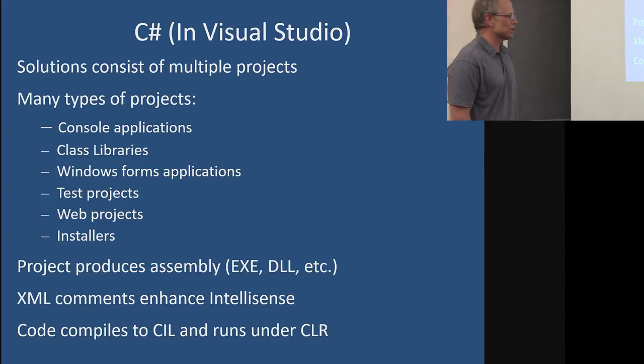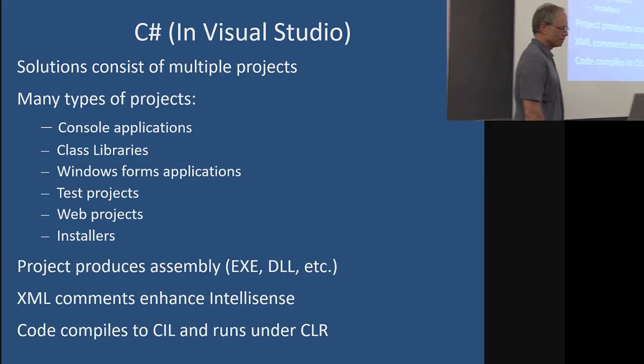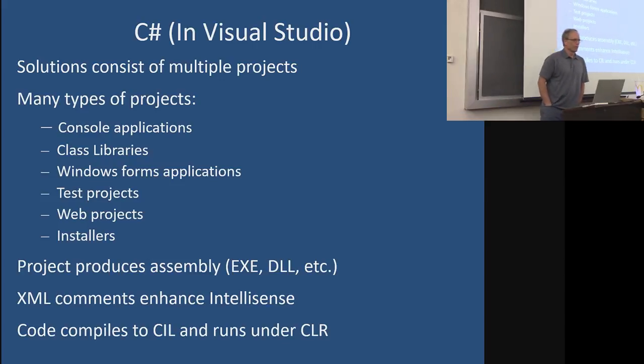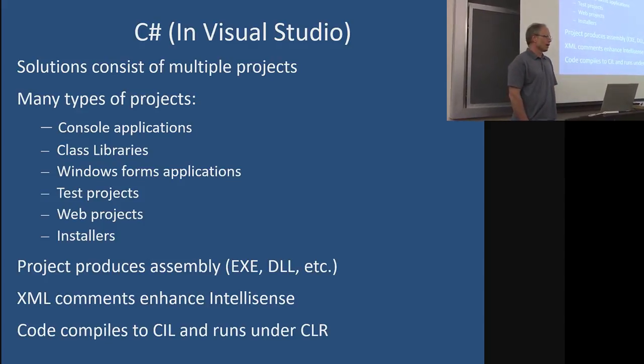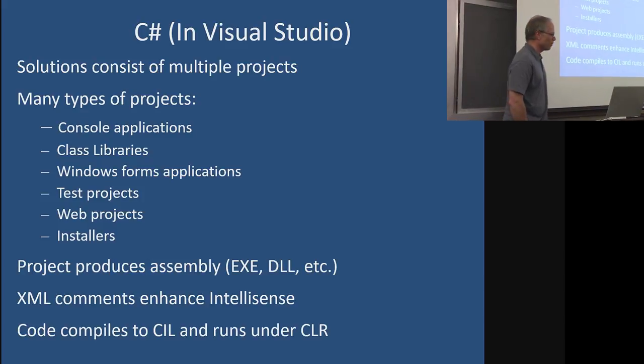So let's talk a bit about C#. That was the first thing on the list there. Hopefully by this point you can appreciate the fact that solutions can consist of multiple projects. And there are lots of types of projects that we've used. Console applications were the first. In the spreadsheet project you did a lot of class libraries that were just unit tested but not really useful programs by themselves.